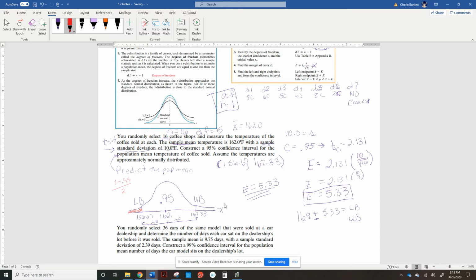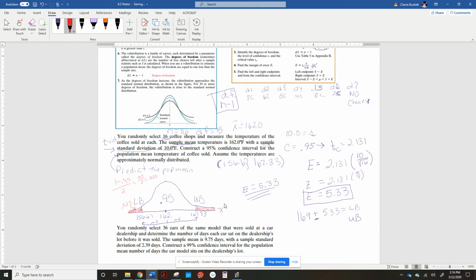There's this area and this area, and they will have the same area. The shaded section on this side and the shaded section on this side will be the same area. So 1 minus 0.95, that's 0.05. And you divide that by 2, and you get 0.025.